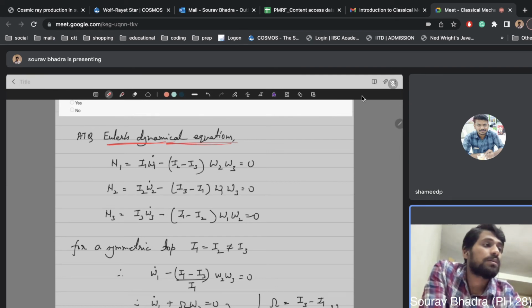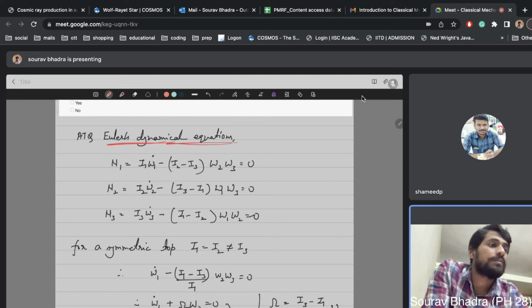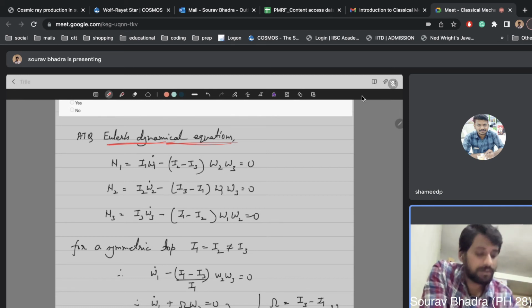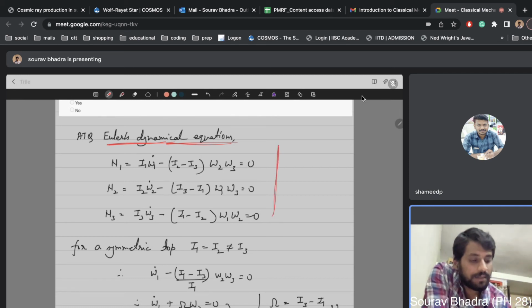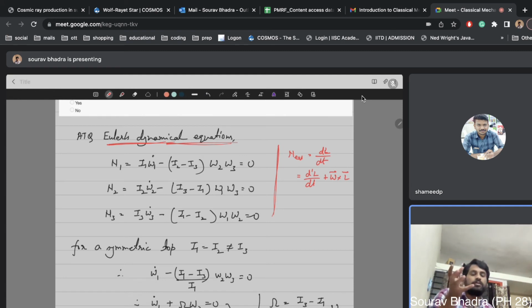In short I can write that N external is equal to dL/dt. It is with respect to an inertial frame, and if you go to the body frame of the particular system, it is d'L/dt plus omega cross L. Omega is the angular velocity with which it is moving.